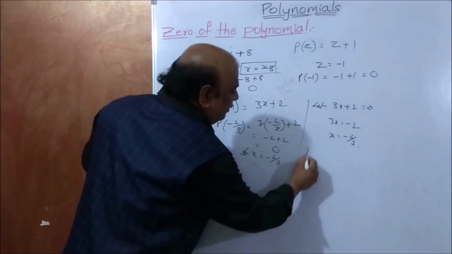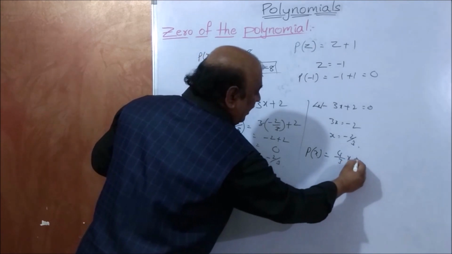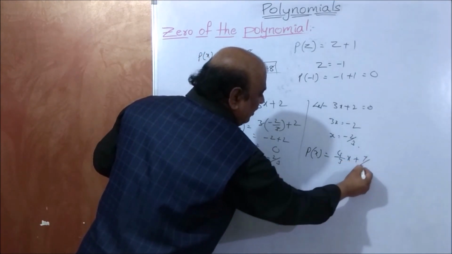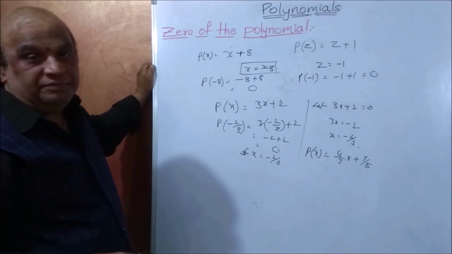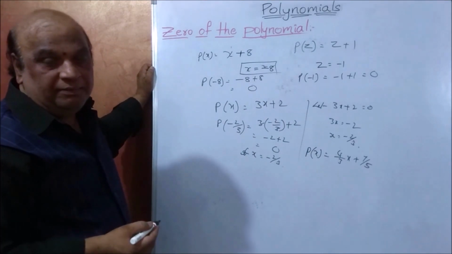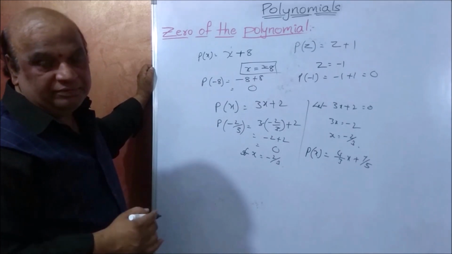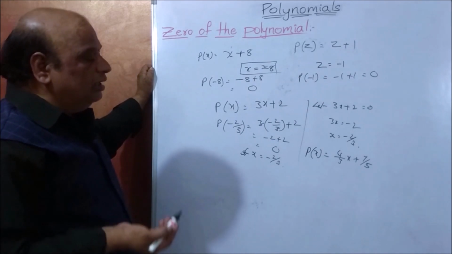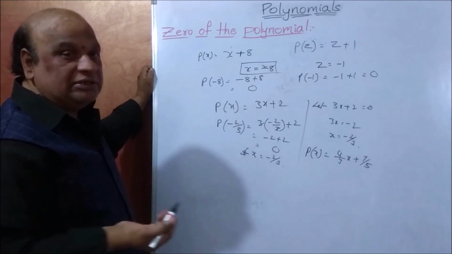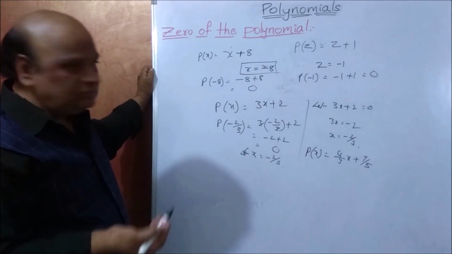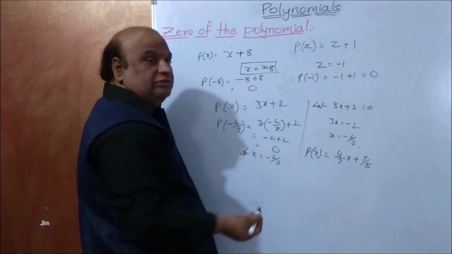Now one more. P of x is equal to 4 by 3x plus 7 by 5. This is one more polynomial. It is also a first degree polynomial. How can you find the x value here? Which value, if you substitute instead of x, gives 0? Follow the same transpose method, then you can get the x value.